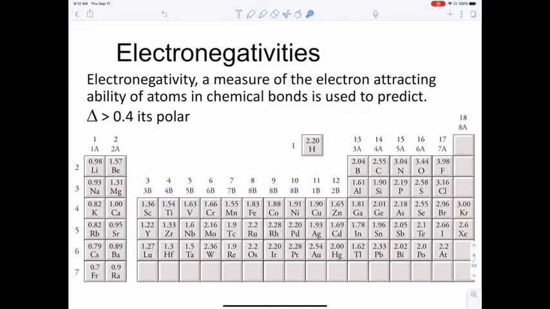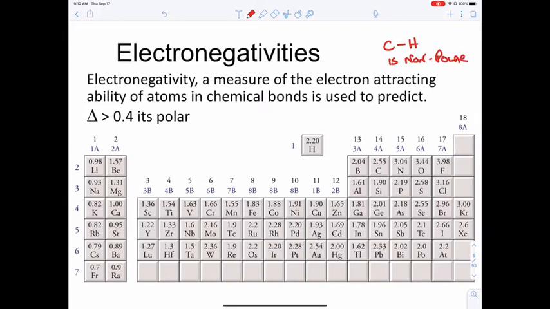Now, interestingly, in this course, when we talk about polarity, the great thing is that for most of the important molecules we talk about, if they're not the same element, so not hydrogen bonded to a hydrogen, or an oxygen bonded to an oxygen, or a nitrogen bonded to a nitrogen, they're going to be polar bonds. The only one that's of consequence is that carbon to hydrogen is non-polar.